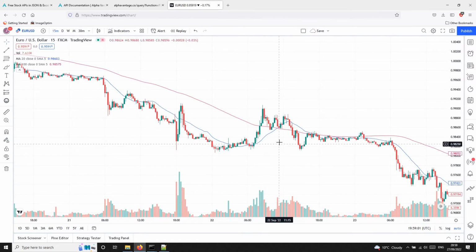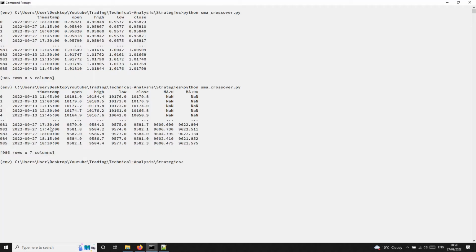So basically what we're saying is that when this crossover happens, for example at this candlestick, then I want to check, because in our data the timestamp for that candle is when the candle ends.